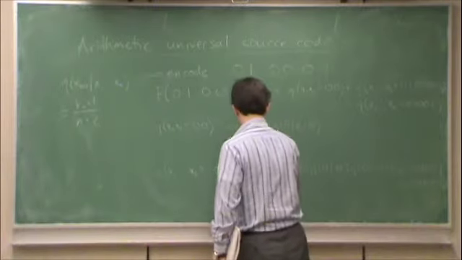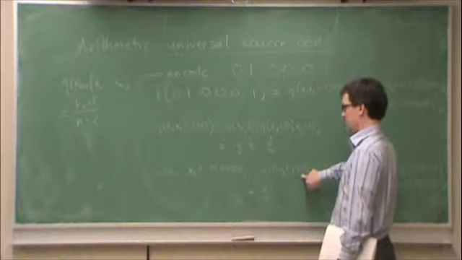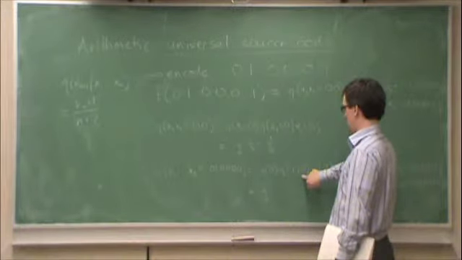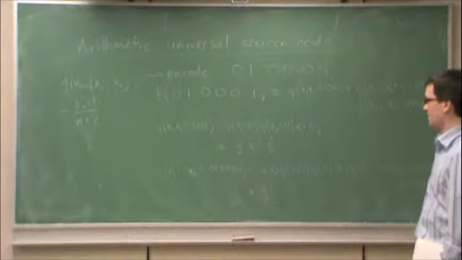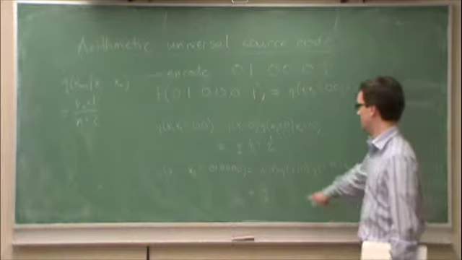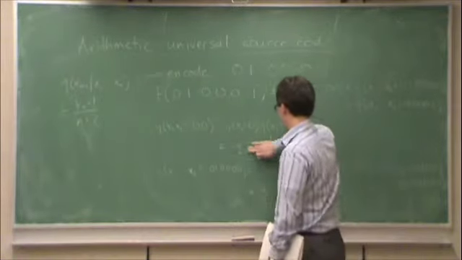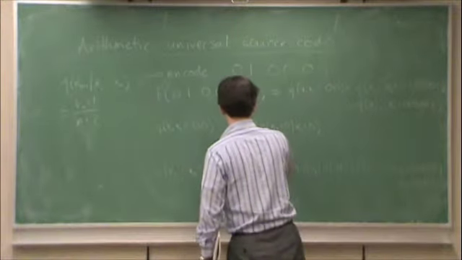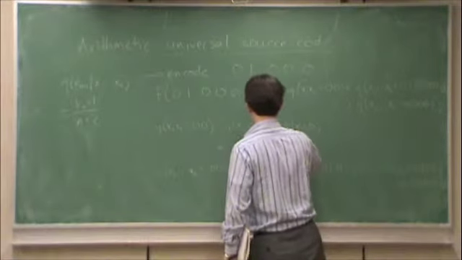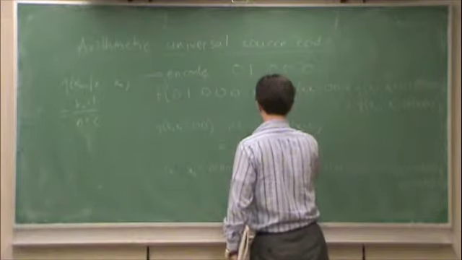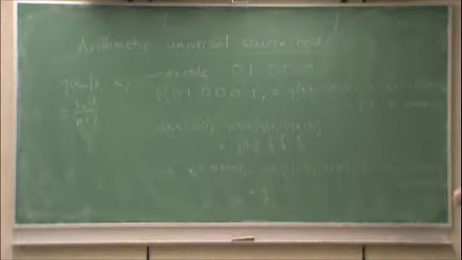That is equal to 1/2. This term is, wait a minute. This is not correct. X2, that should be 1. If x2 is 0, this should be 1 minus, right, 1/3. So that should be 1/2 times 2/3, which is 1/3.